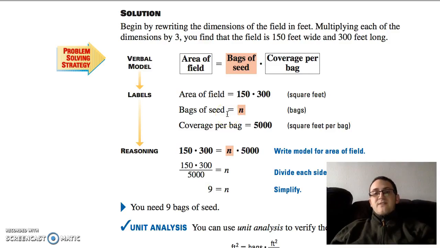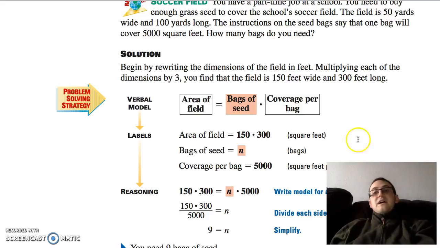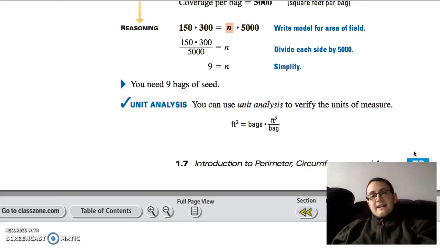We divide by 5,000 on both sides, and we see that we need 9 bags of seed. Another way you can do this is to manually compute the area. You could draw a picture if you wanted to, manually compute that area, and then reason that each bag covers 5,000 and divide the area by 5,000 to get 9.